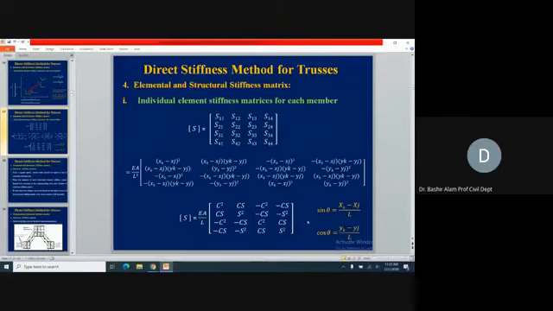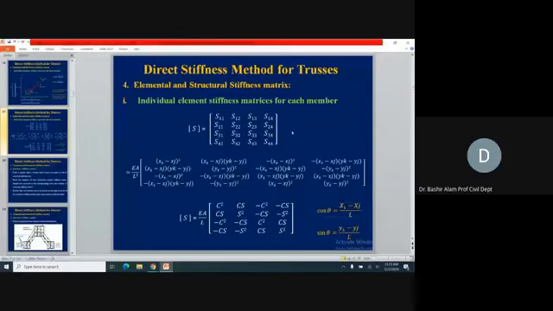So you need to change these things. Make these changes. So next, this is the individual element stiffness matrix in the global coordinate system.